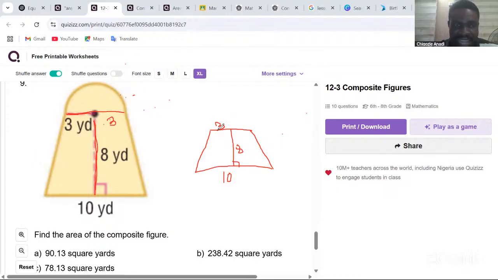But since that radius is the same as this radius, we have 3 plus 3 to give us the entire length here, which is 6. Do you get it now? Yeah, now I get it. Okay, very good. So now recalculate the area of that trapezoid.